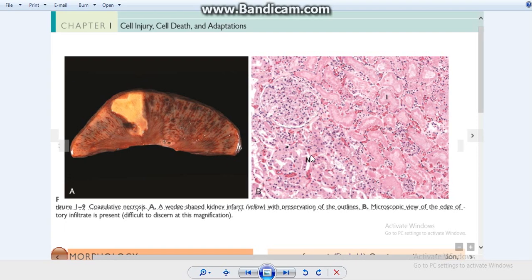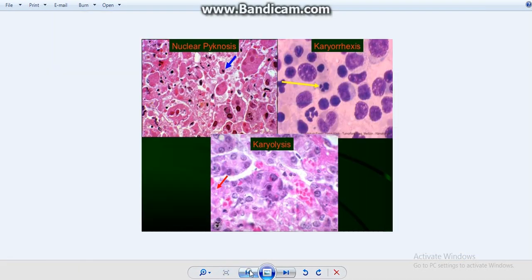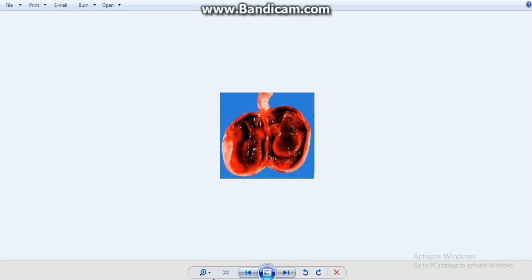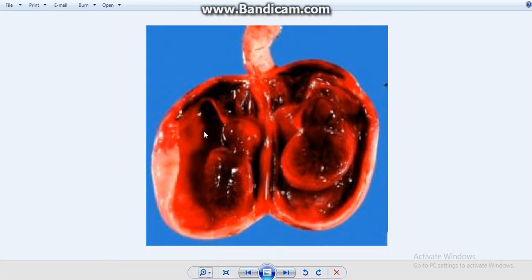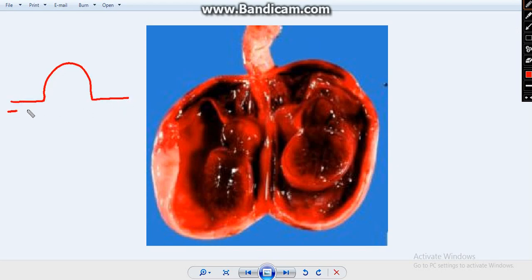A red infarct, such as this infarction right here, which of course is a testicle that has undergone a red infarction, or a hemorrhagic infarction. Now, remember something. This is an artery, this is an organ, and this is a vein.